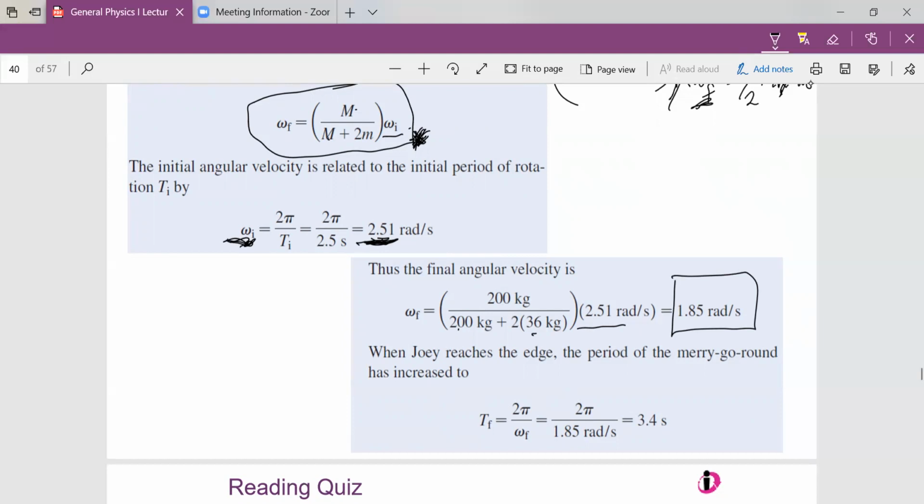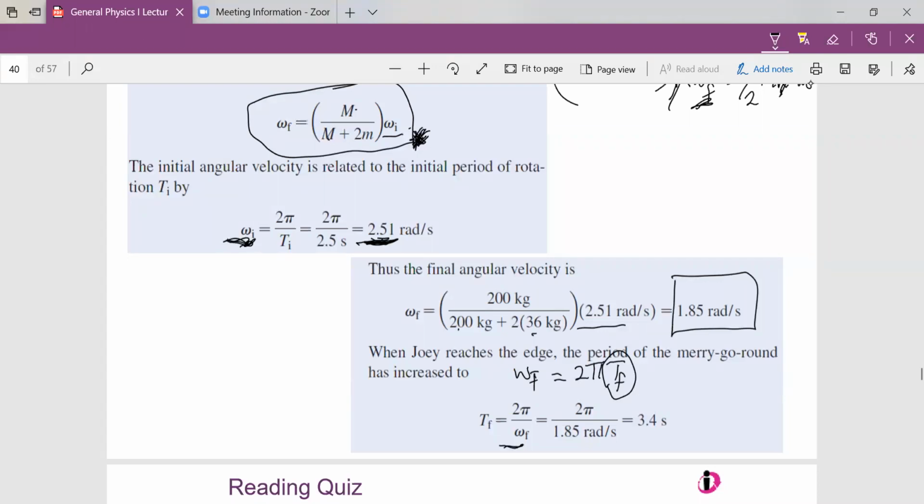And the question said we should look for the period. The final period, therefore, is going to be, omega final is equal to 2 pi over T final. So we made this one the subject of formula.